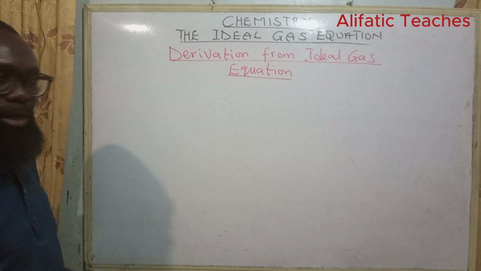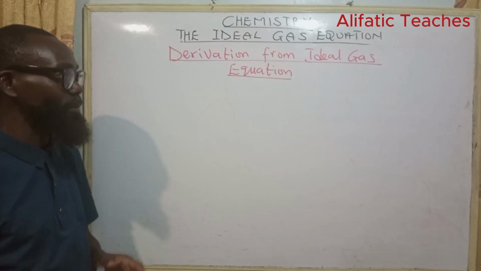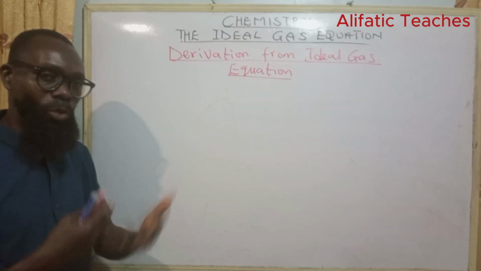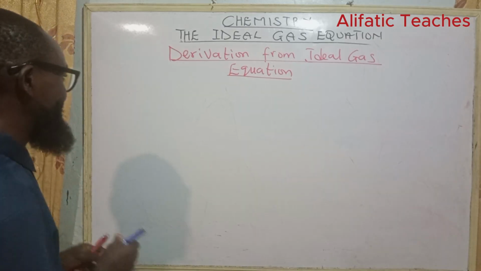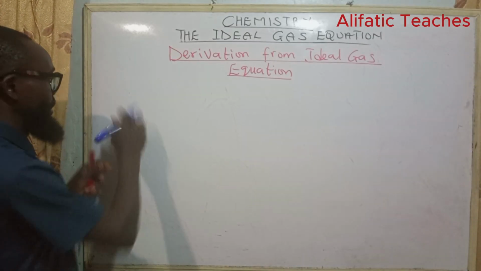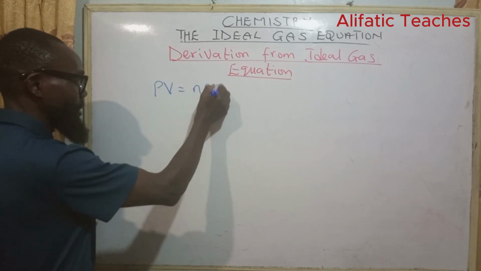Now, the subtopic we're going to be looking at is the derivation from the ideal gas equation. What are we deriving from the ideal gas equation? We know very well that PV is equal to nRT.